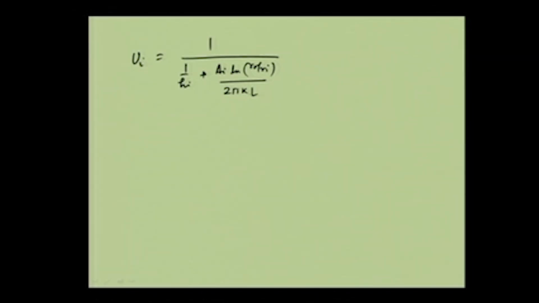K is the thermal conductivity of the wall material, plus AI by AO into 1 by HO.